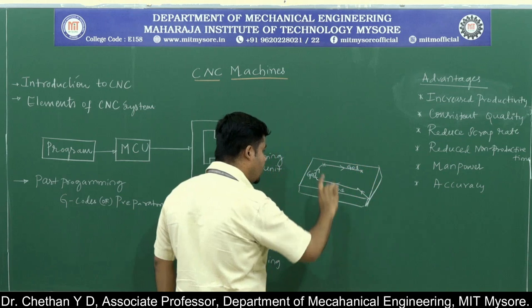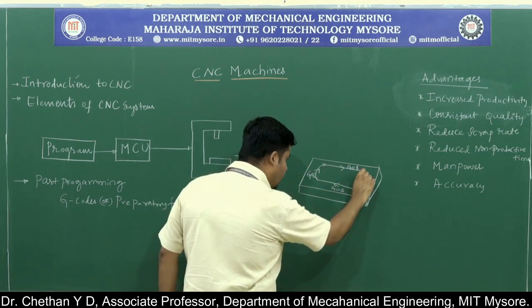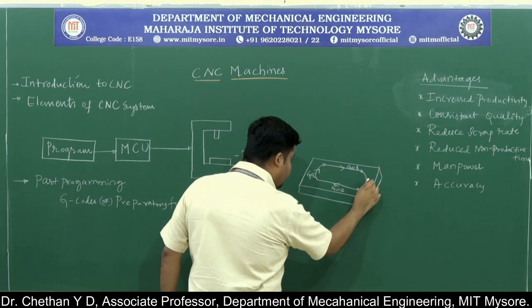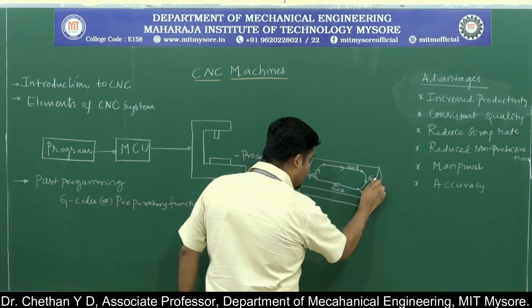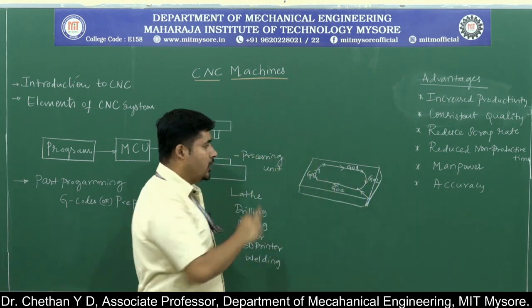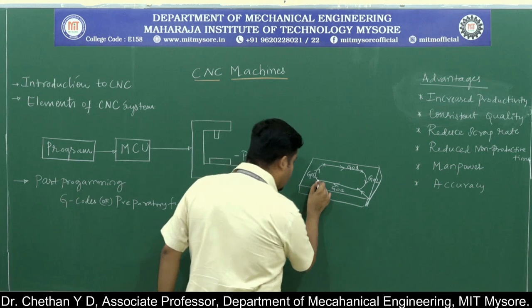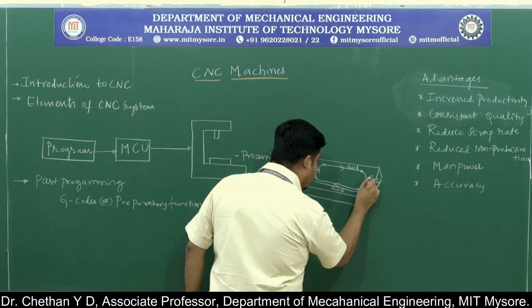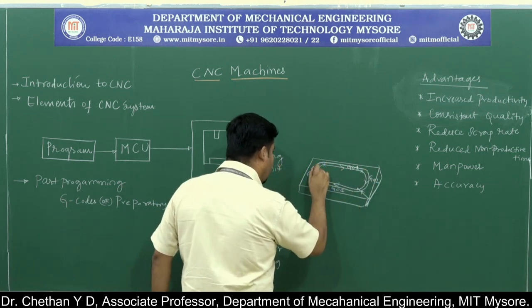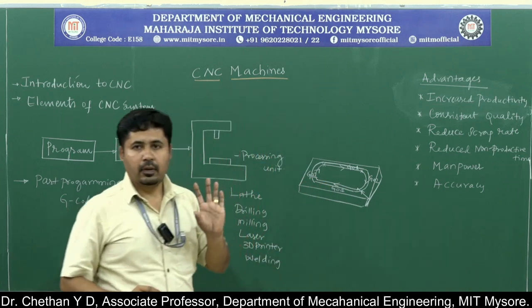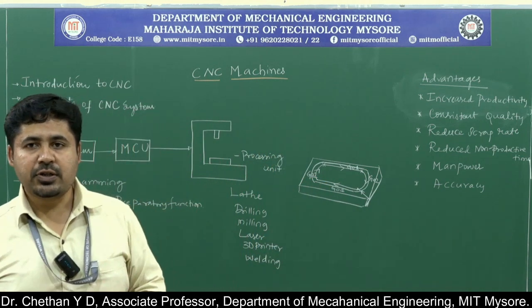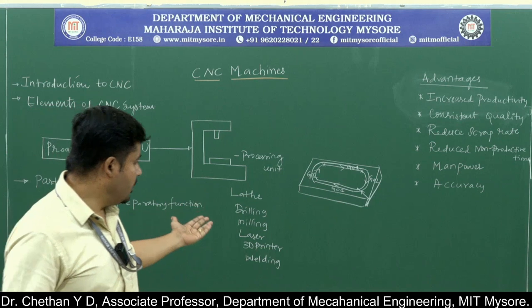Then we need to close the loop, so again you can have a code called G02. Finally you would get a particular slot like this with the help of programming. This is how the CNC machines work in the case of a milling machine.